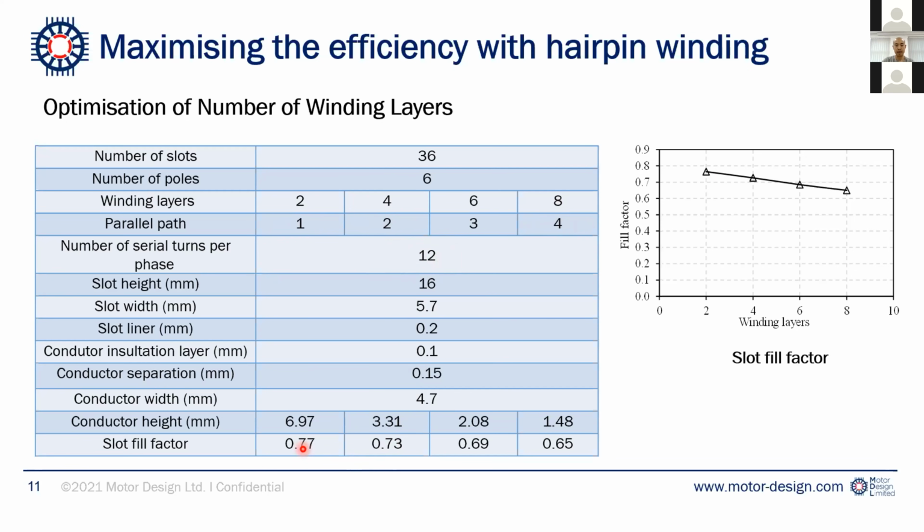And we can see that the slot fill factor will decrease from 0.77 to 0.65 when we change the winding layers from 2 to 8. So this is a very significant decrease of the slot fill factor.